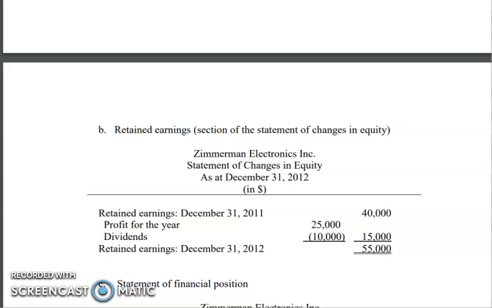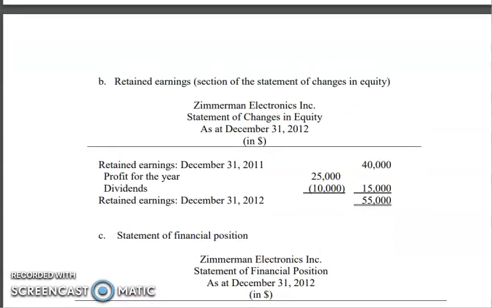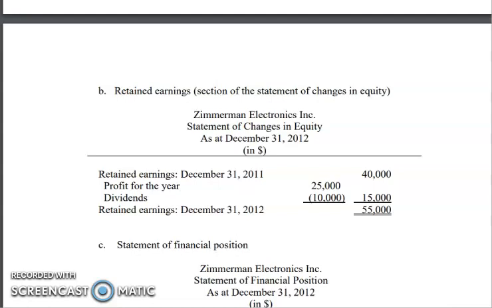But in this case, where they have just added in the retained earnings, we have the opening retained earnings from December 31st, 2011 for 40,000. We've brought over the profit for the year of 25,000. We've paid out dividends of 10,000 to our shareholders to kind of thank them for investing in us.